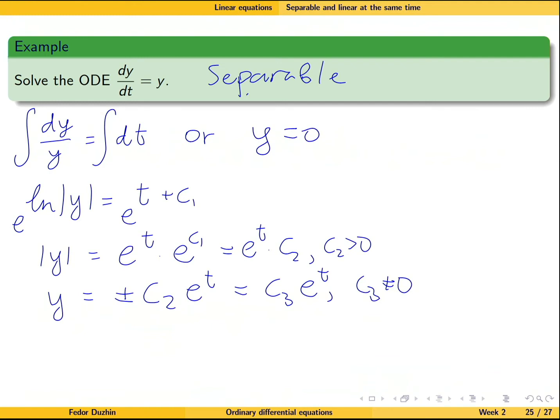And if y is 0, if you look at the original differential equation, there is nothing wrong with y being 0, so we just need to check. Is it true that y equals 0 is a solution? Let's see. d0 dt equals 0. Correct? Correct. So it means that y equals 0 is also a solution.